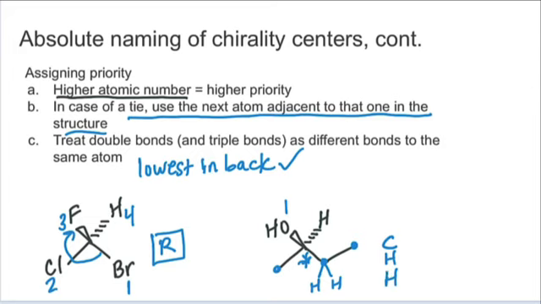So you can rank the 3 things that are coming off of that first carbon atom, highest to lowest atomic number, and sort of see who wins, the carbon on the right-hand side or the carbon on the left-hand side. So we just looked at the carbon on the right-hand side. Now let's look at this carbon on the left-hand side of the stereocenter, and all 3 of the atoms attached to that carbon are hydrogens.